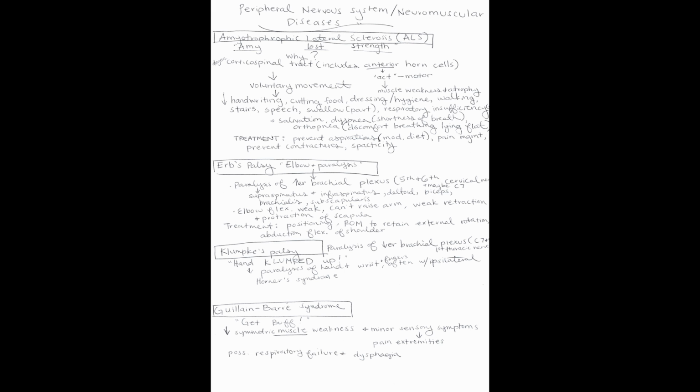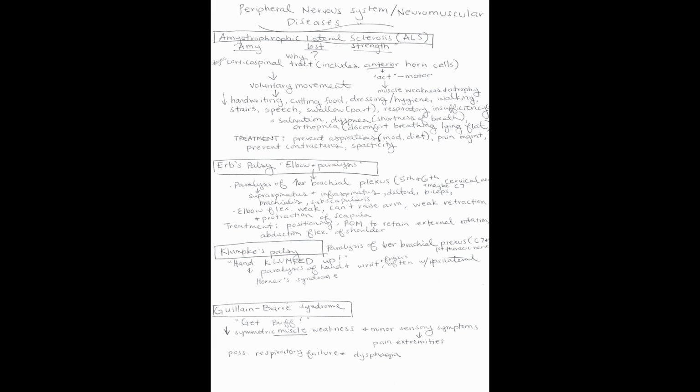So degeneration of this results in decreased handwriting, the ability to cut food, dress, hygiene, walk, do stairs, speech, swallow, respiratory insufficiencies, salivation dysfunction, and dyspnea, which is shortness of breath. And orthopnea is discomfort in breathing when lying flat.